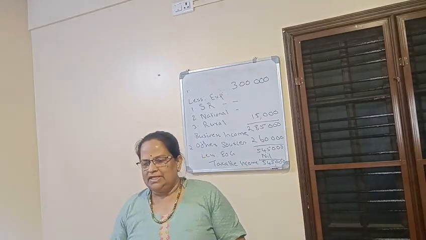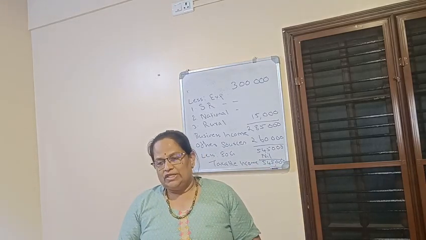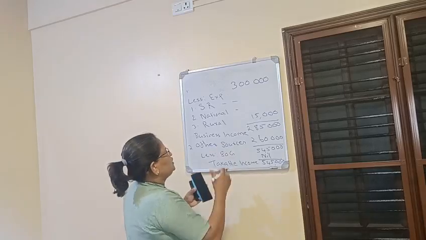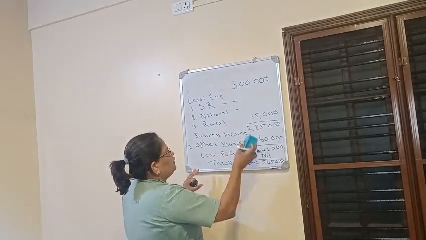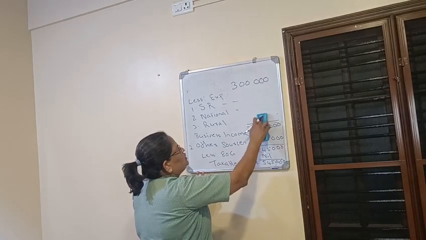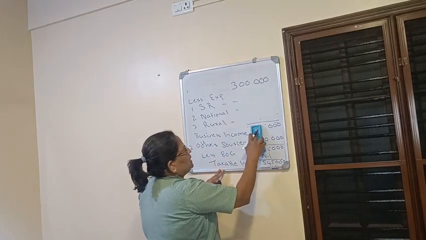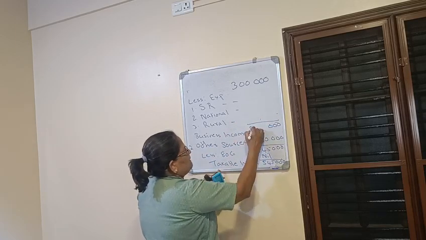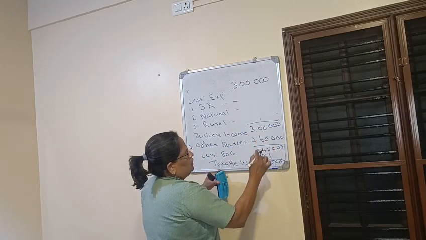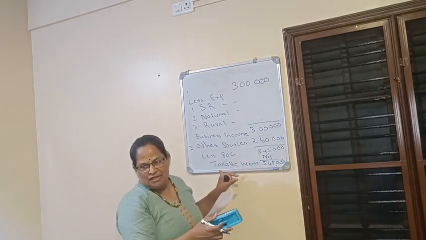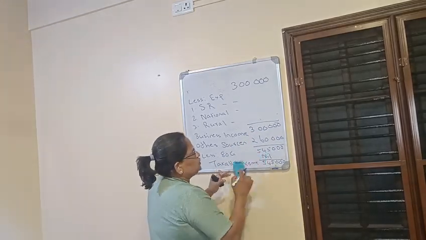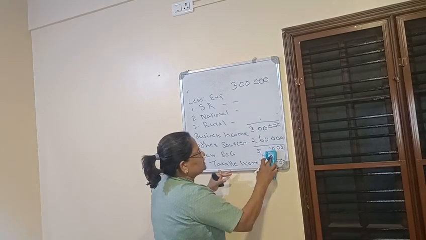Now let us see under the new regime. Under the new regime, business profit is the same, but you have to remember rural development is also not allowed. So here business profit will become 3 lakhs. Now plus income from other sources 2,60,000, so your income will become 5,60,000.